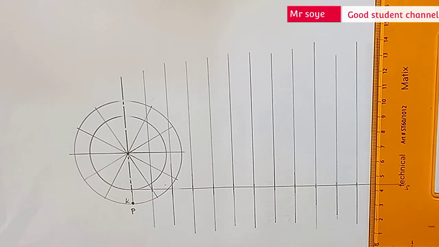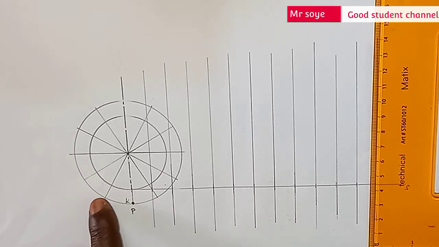So I have laid out the circumference of the rolling cycle on the baseline. Then we've drawn vertical lines to divide it into 12 equal parts on baseline KS. The next thing is to draw horizontal lines from the divisions on the generating circle to the vertical lines.